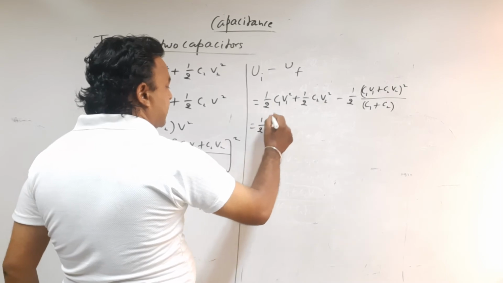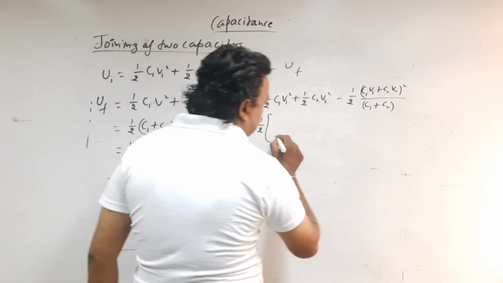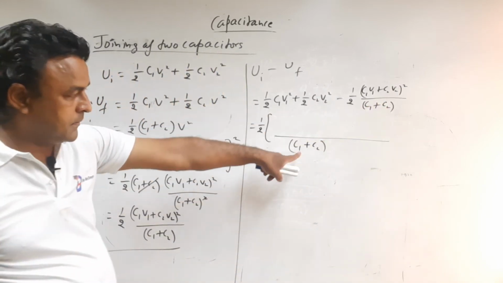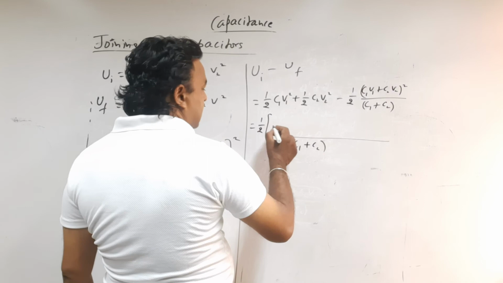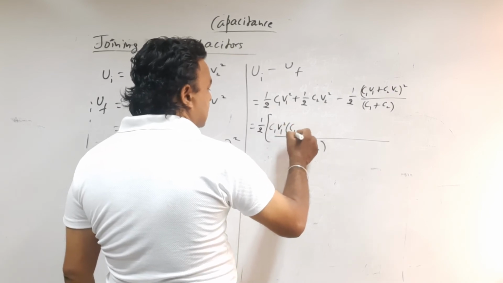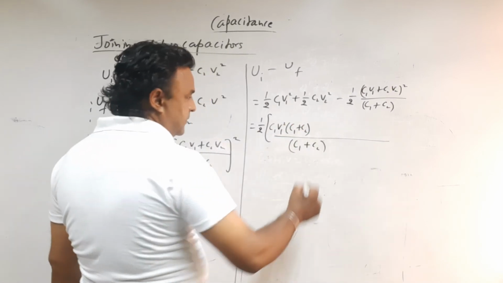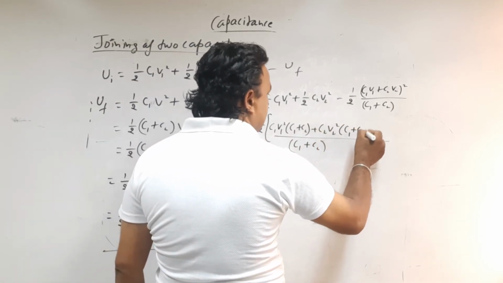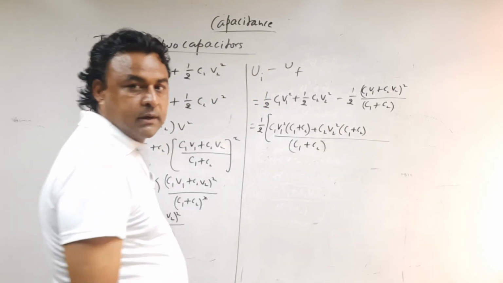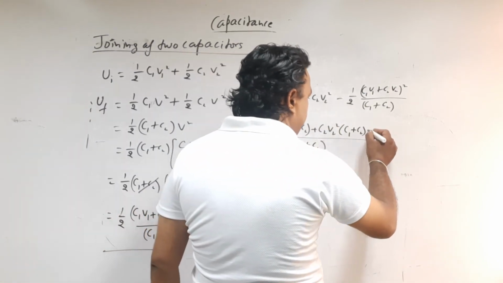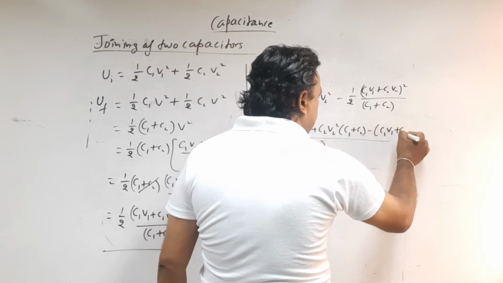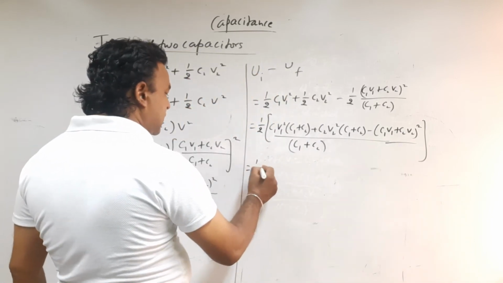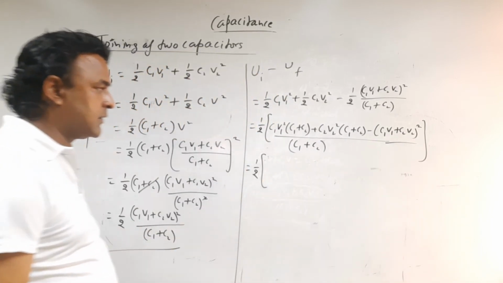Among all, half is common, and then C1 plus C2 is taken as LCM. Here it is C1 V1 square into C1 plus C2 plus C2 V2 square into C1 plus C2, and lastly I have minus of C1 V1 plus C2 V2 whole square. I said it is a longer calculation, of course.